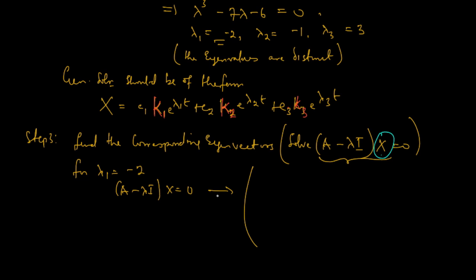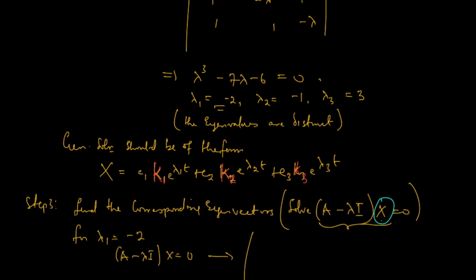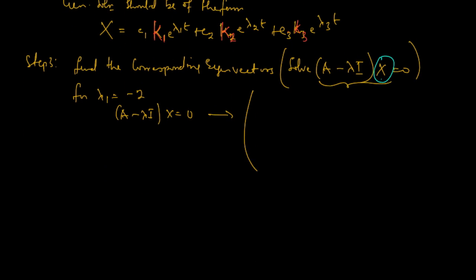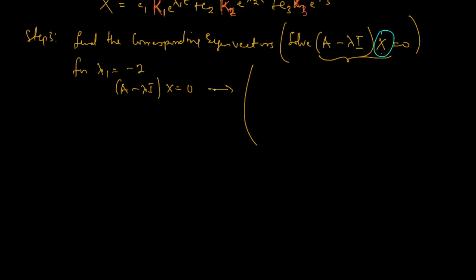When lambda is -2, in place of lambda I'm going to be putting -2 here, and that's what we'll have for that matrix: 2 6 0, 1 2 1, 1 1 2, times x.